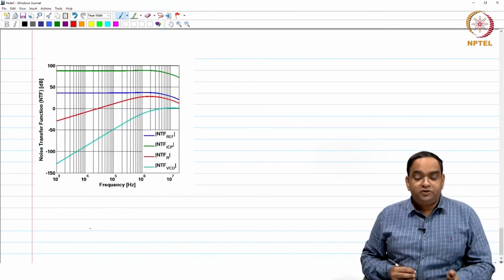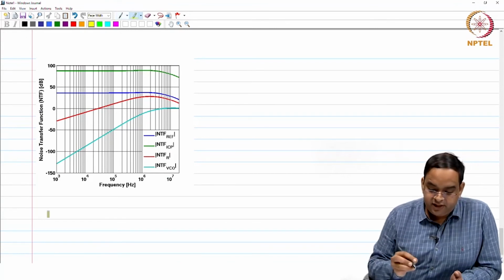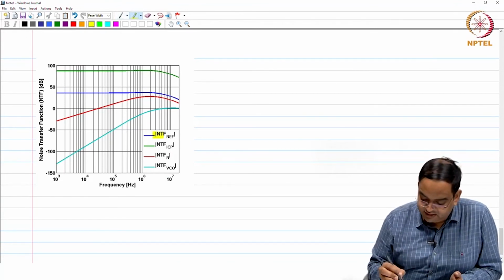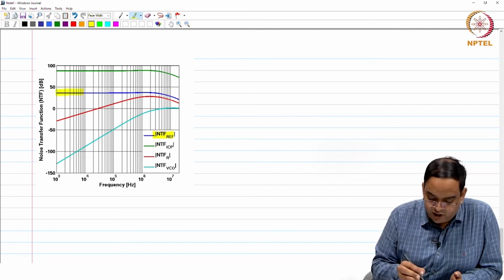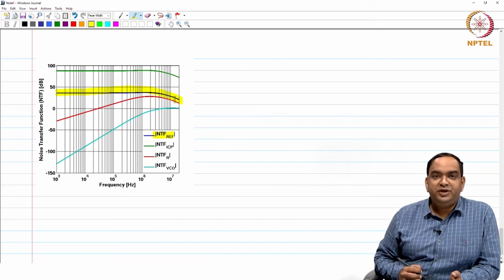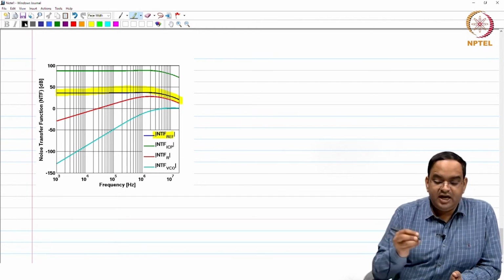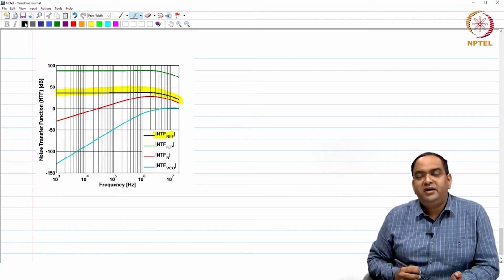Okay. So, you see this plot. In this case, NTF of reference is this blue one, it is plotted like this and it is a low pass. Here I am choosing my reference frequency as 40 megahertz, and my plot is only till f ref by 2.